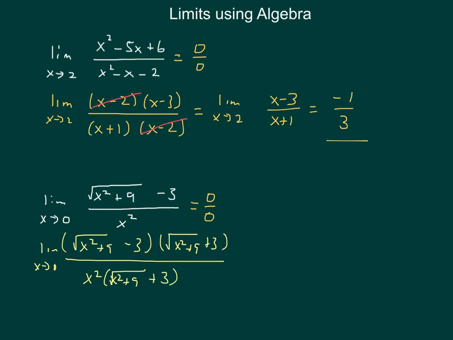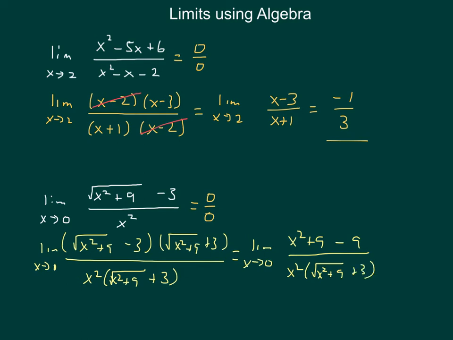So when I multiply this out, what I'm going to get now is the limit as x approaches 0 of x squared plus 9 minus the second thing squared, 3 squared, so that's going to be minus 9, all over x squared times the square root of x squared plus 9 plus 3.